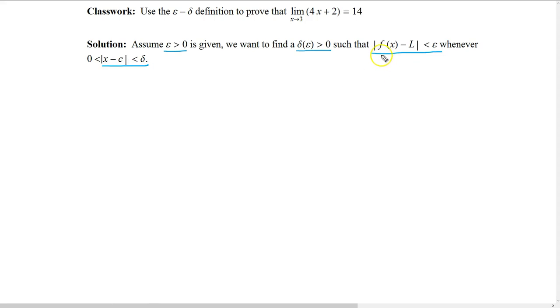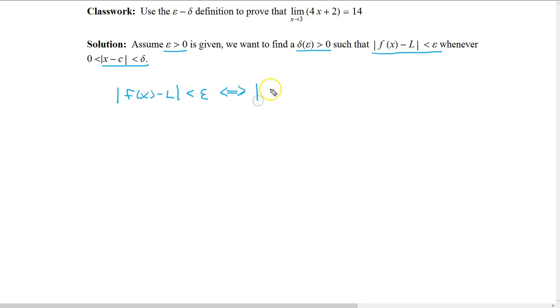So once again, we'll start out with the absolute value of f of x minus L less than epsilon, and we will manipulate that to try to extract, in this case, an x minus 3 in absolute value. So we'll try to manipulate this till we get an x minus 3 less than, and whatever's on the right hand side is what our delta will be.